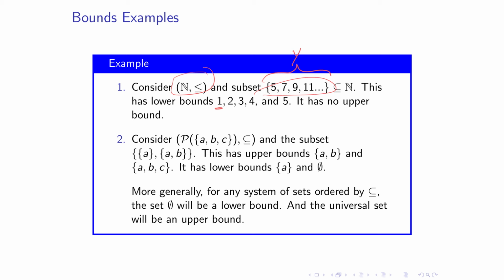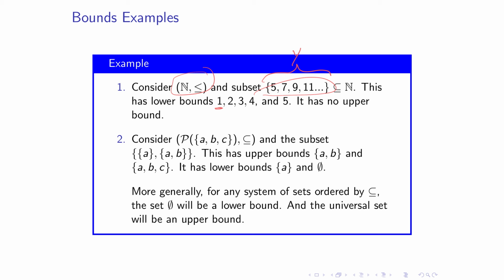Certainly 1 is, and by the way, I think I'm using the book's convention. If I remember correctly, the book does not use 0 as a natural number, so I'm not going to use 0 as a natural number. Correct me if I'm wrong about that.